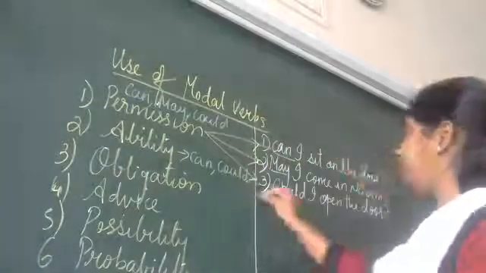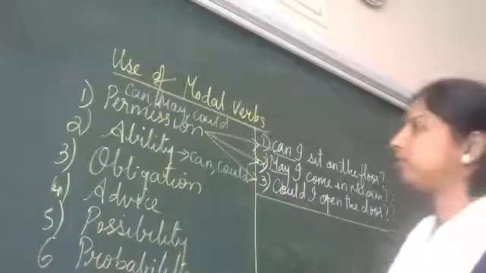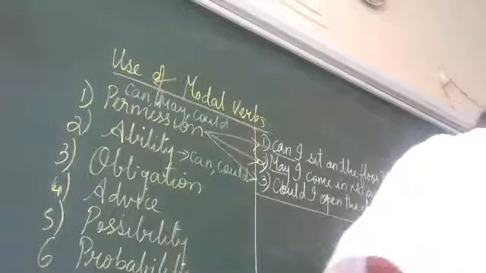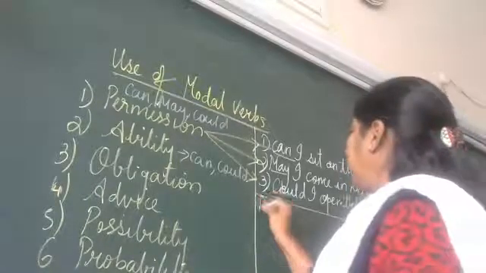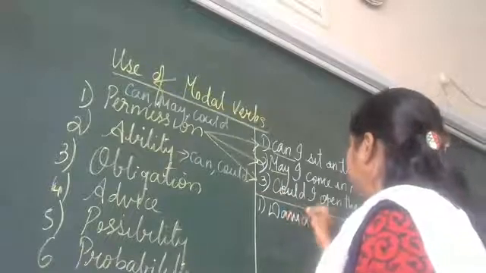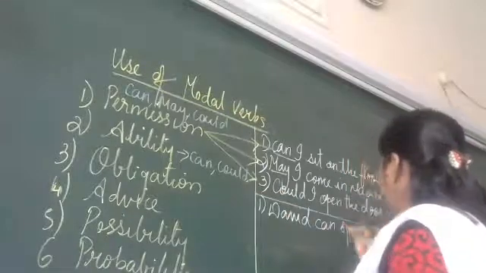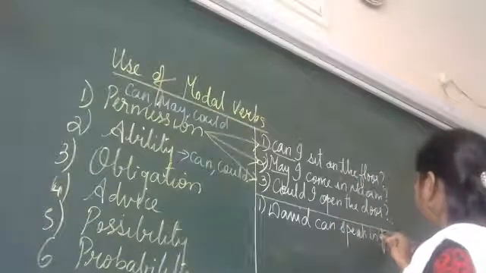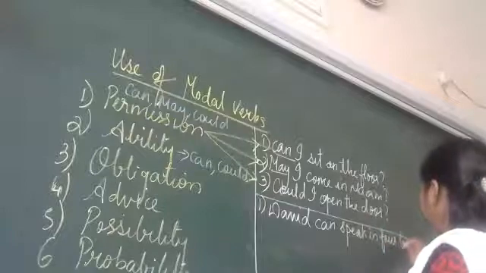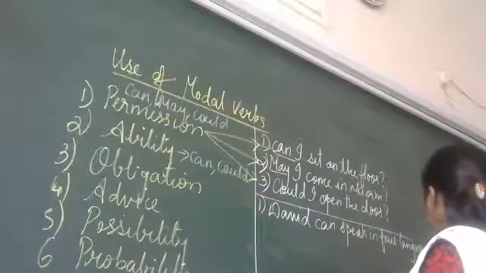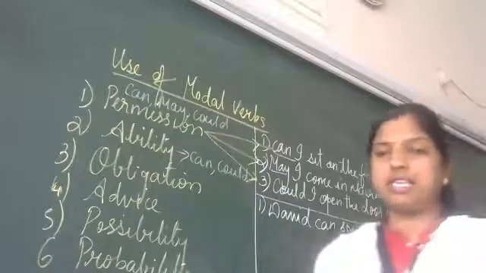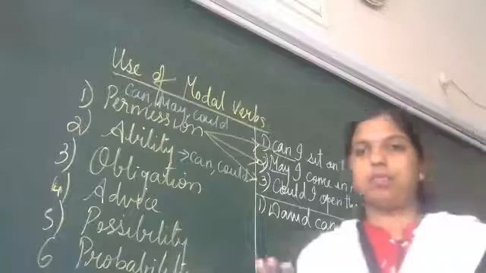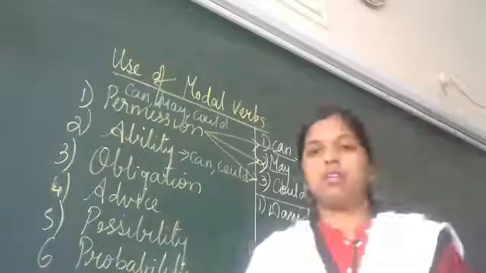Now we will see how the sentence is framed for the second one, how you are going to frame a sentence for can and could. David can speak in 4 languages. Yes, this is a sentence. David can speak in 4 languages. Now again can comes here.